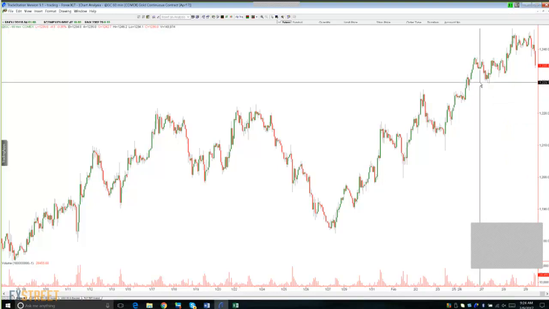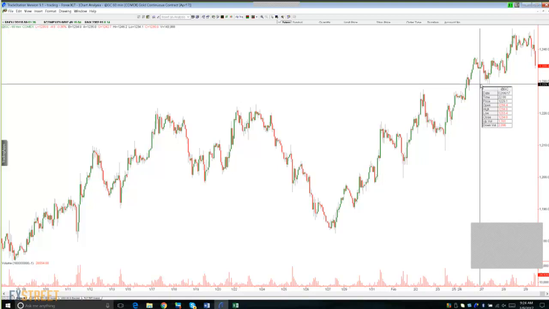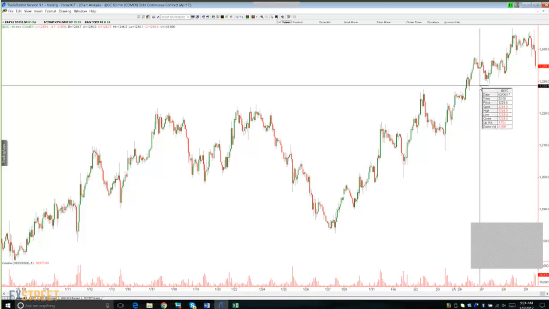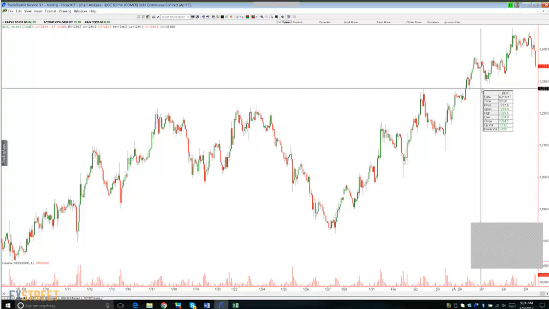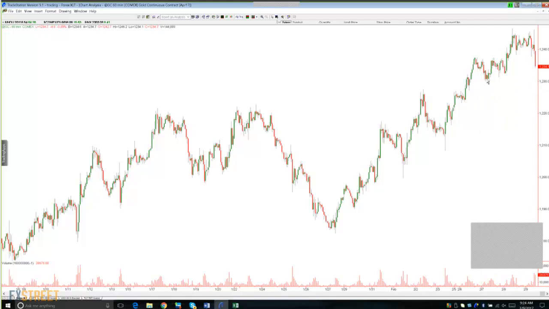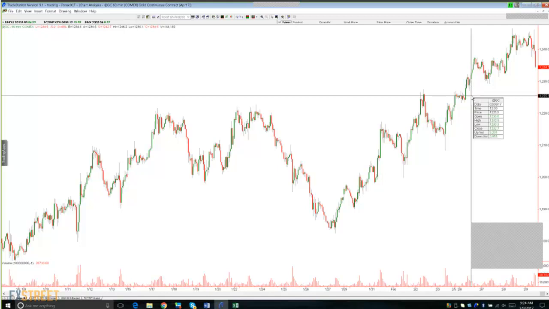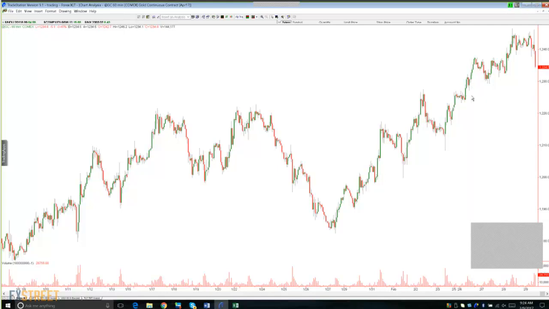But 1229, yeah, I'd say a little bit lower. Probably about 2850, just a little bit deeper into this area, and then you have another level sitting just below it.